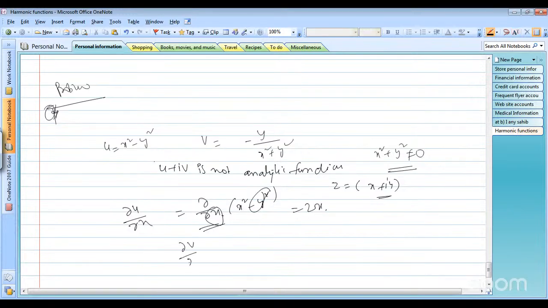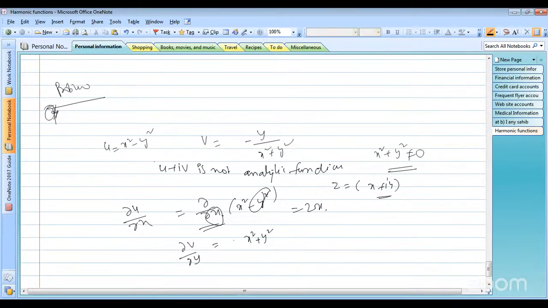Dou v by dou y. So dou v by dou y means we have taken here the u by v method. So dou v by dou y, we are taking here the v function. So u by v method is there, x square plus y square, minus it is taking here.